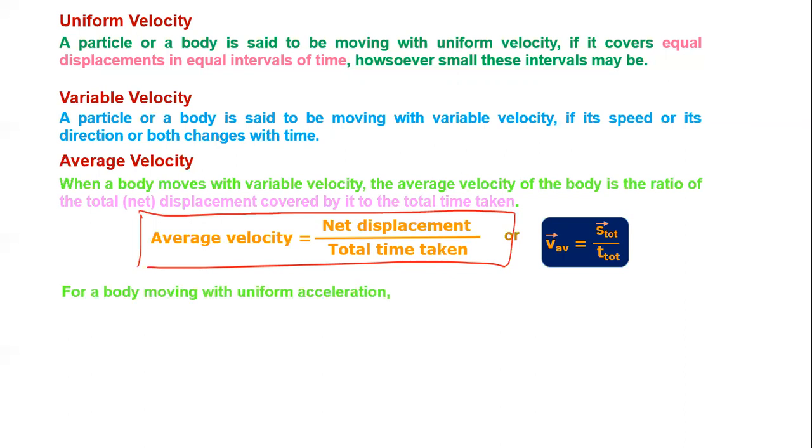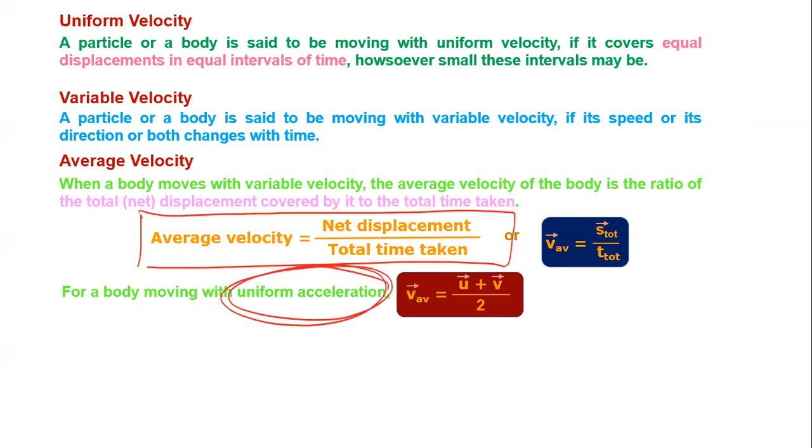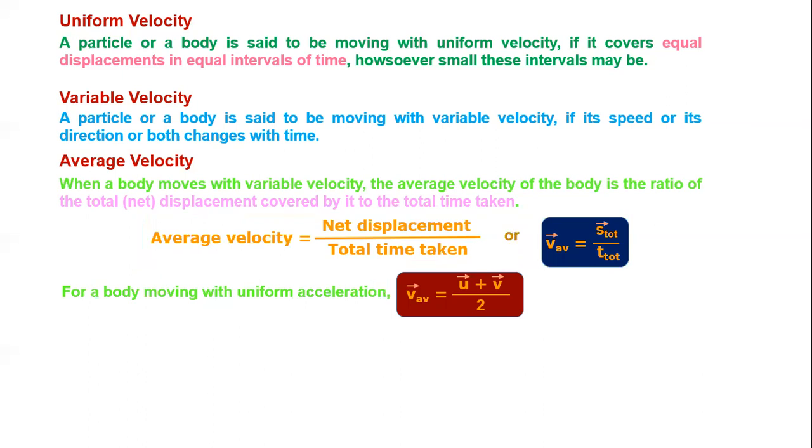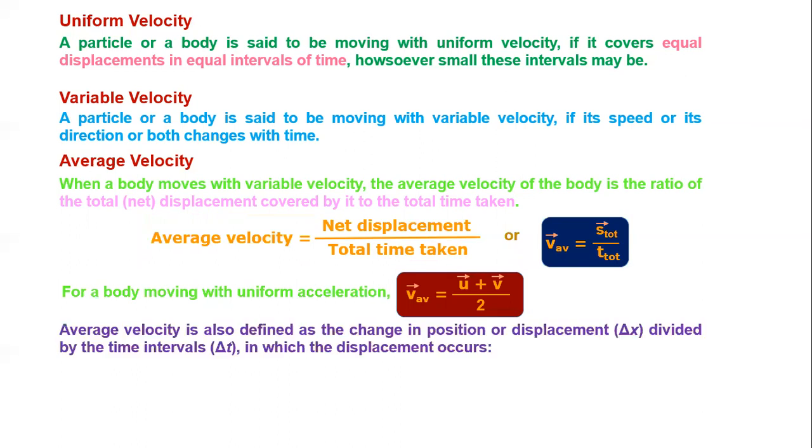For a body moving with uniform acceleration, average velocity is (u plus v) divided by 2. So only if uniform acceleration is there can we write (u plus v) divided by 2.